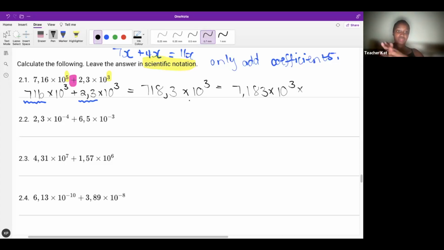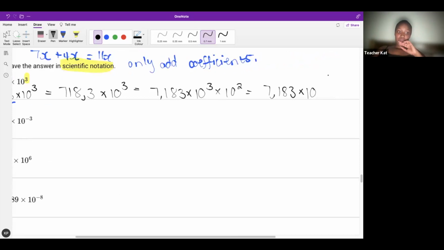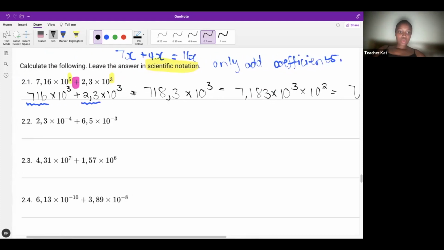Left, so is it positive or negative? Positive, how much? 2. So then my final answer is 7,183 times 10 to the power of what? Of 5. Beautiful, guys. I think we can do one more before we all go off.